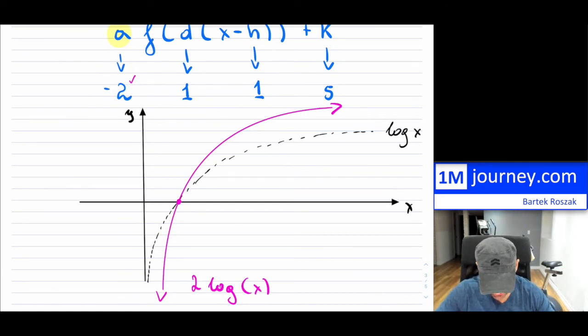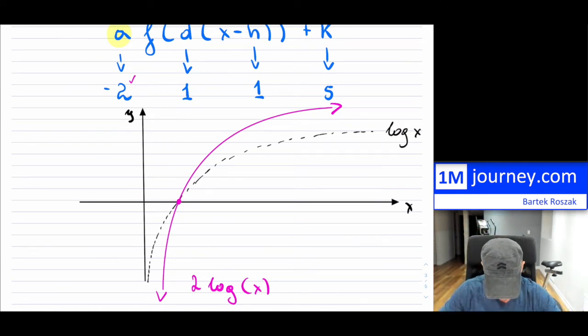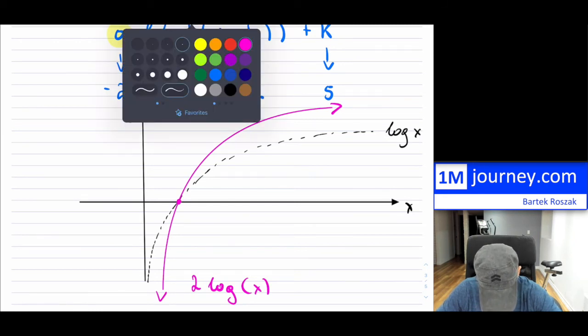Now that I have done those two things, I always do my a and my d first. Now I'm going to do the reflection. The reflection is supposed to be in the x-axis. So how will this look? I'm going to change the color again here.